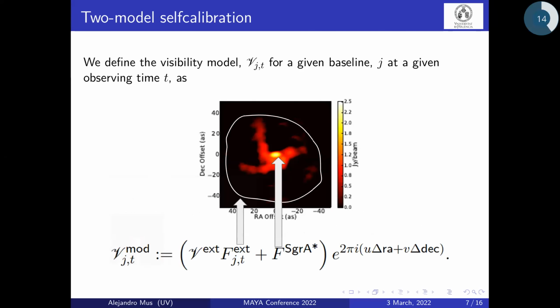Let's go to the calibration. We defined the visibility model in the following way. We first take the normalized standard flux, which I highlight here with a circle, more or less drawn by hand, and we take the flux of the black hole.